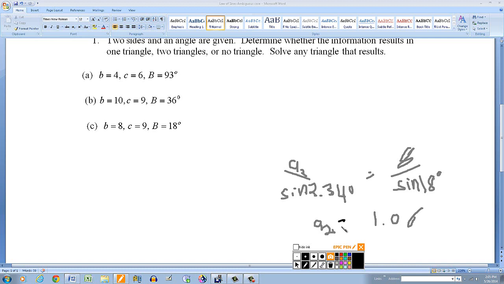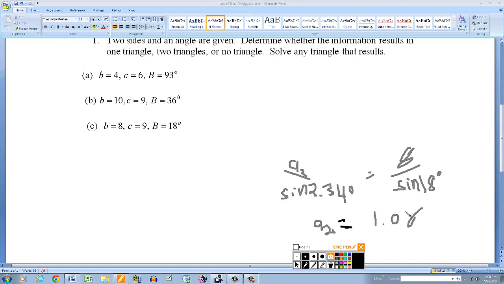So A2 is equal to 1.06. For the second triangle, even though I cleared it over here, we find that angle C sub 2 is 159.66, angle A sub 2 is 2.34 degrees, and side a sub 2 is equal to 1.06.